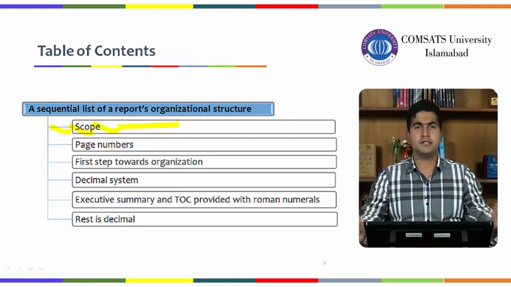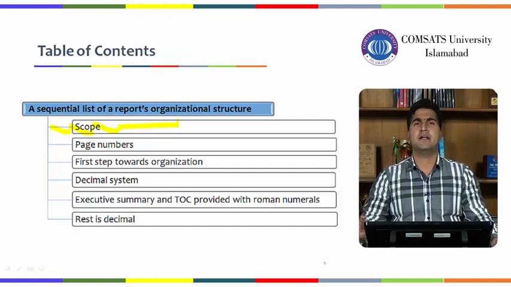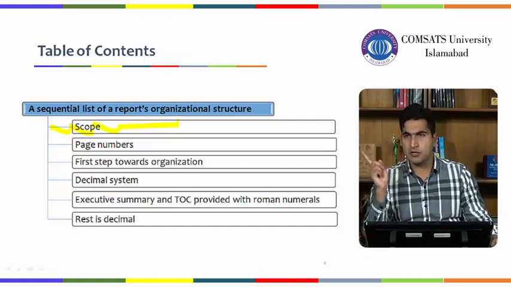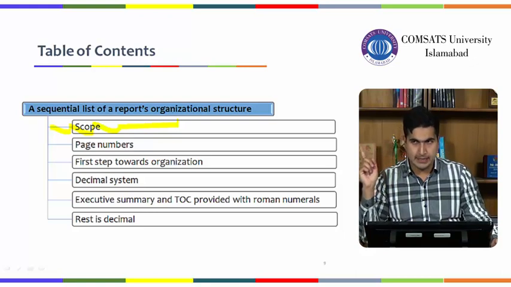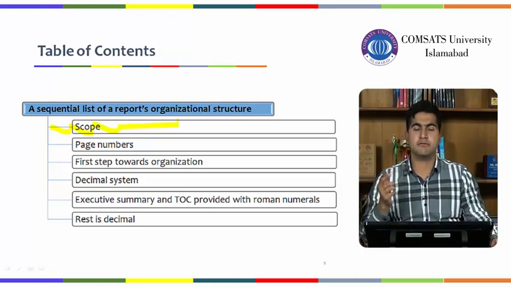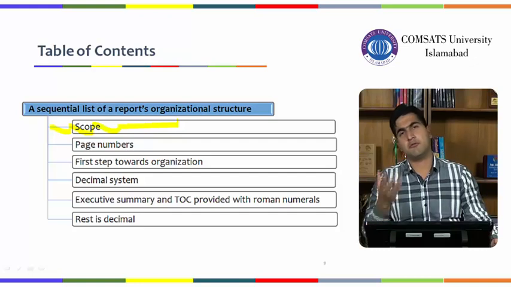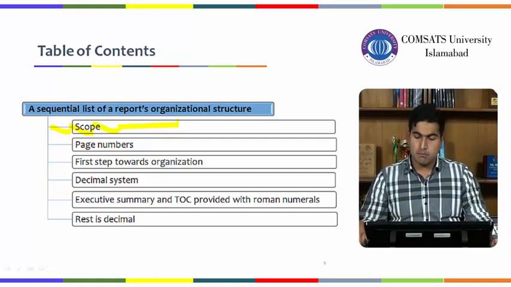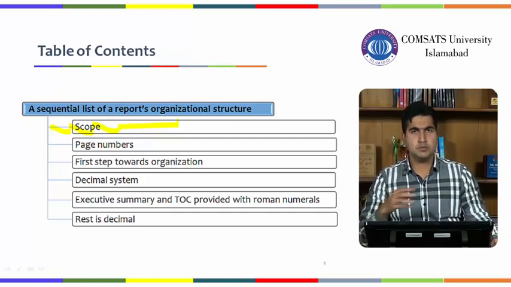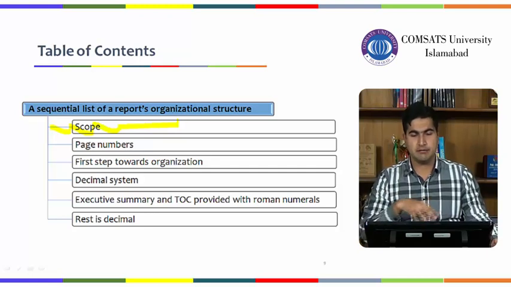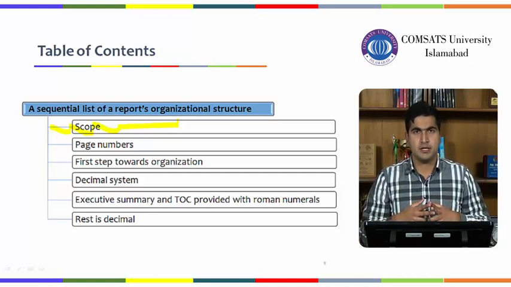So scope, my dear students, is basically the kind of range, that boundary wall that you simply build around yourself, not just around yourself, but around your study as well. That study which is being carried out and afterwards will be written in the form of a report. That assumed boundary stands for you to stay within that jurisdiction.